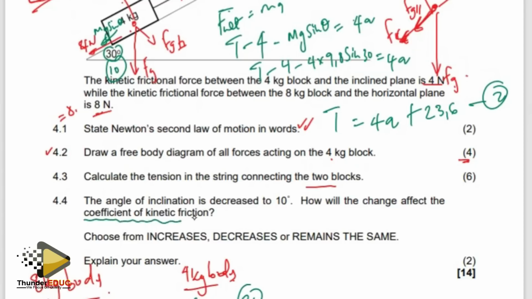If there is ever a change within the inclination, it's only the frictional force that will be affected and not the coefficient. It's only the normal force that will be affected, but not the coefficient. So we're going to say that it remains the same.